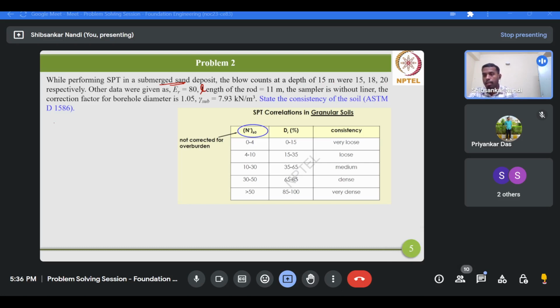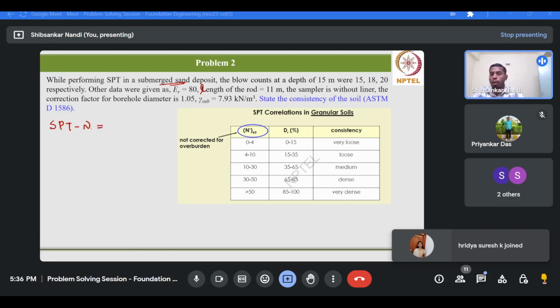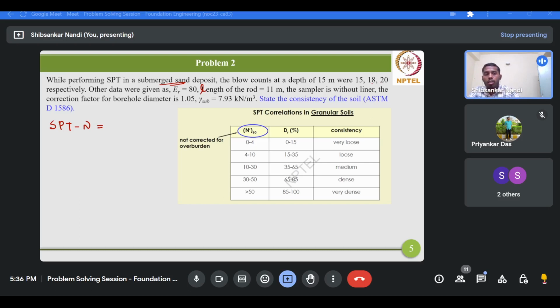You know that the SPT N value, the field N value, is defined as the summation of the blow counts required for the last two 150 mm penetrations, because the first one is neglected due to seating error. So for this problem, we have to add these two blow counts, 18 and 20. So 38 is the SPT N value.